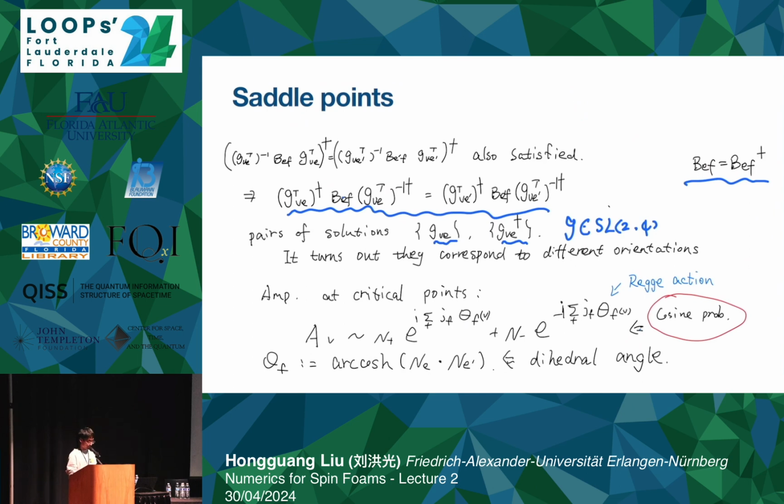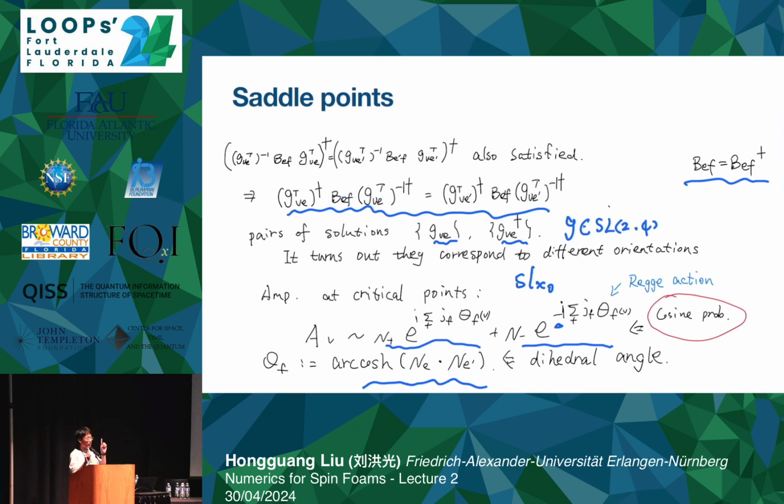It's basically the action evaluated at the critical point, which we call x0, the solution of our equation of motion. What we found is these two things. For one solution, it gives plus i j_f theta_f, where theta is the dihedral angle, which is defined as the arccosine of the normals. But we have another solution which gives exactly the same thing, but with the minus sign.